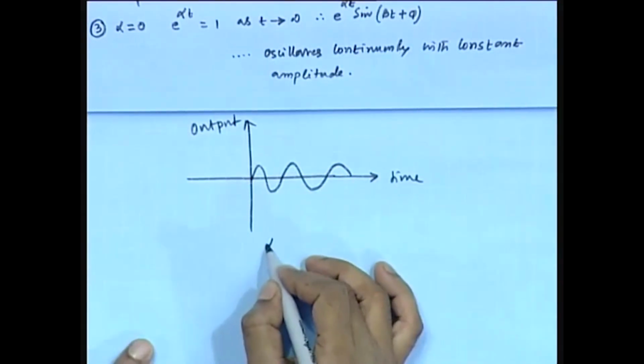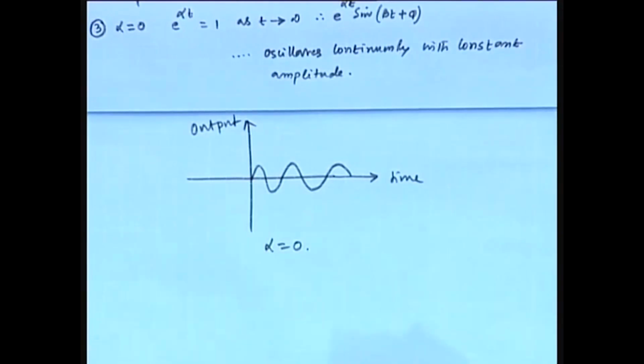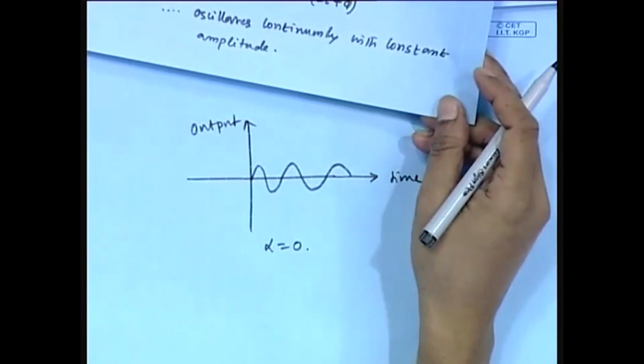This is the case for alpha equal to 0. So, we have considered 3 different cases.